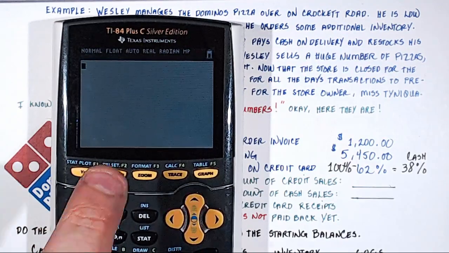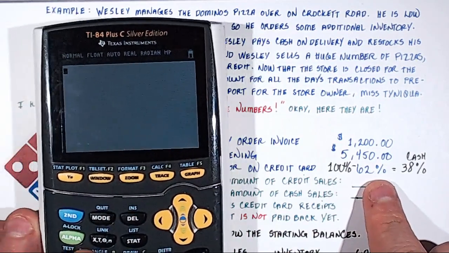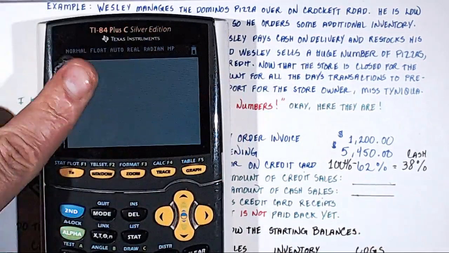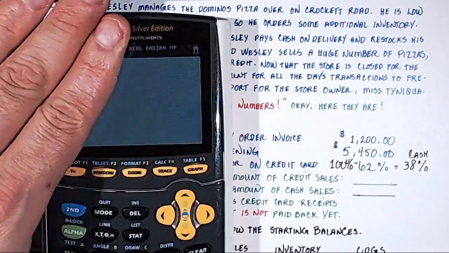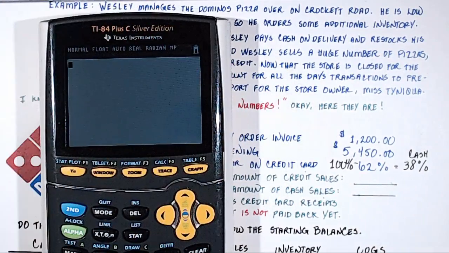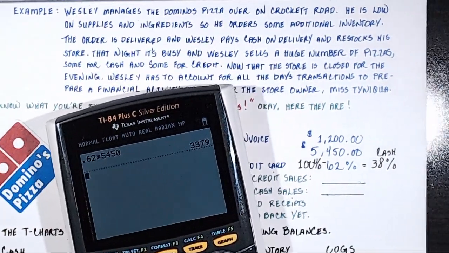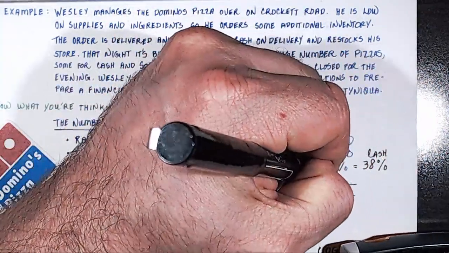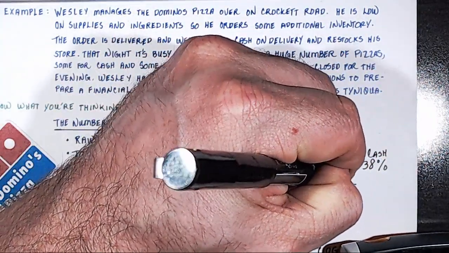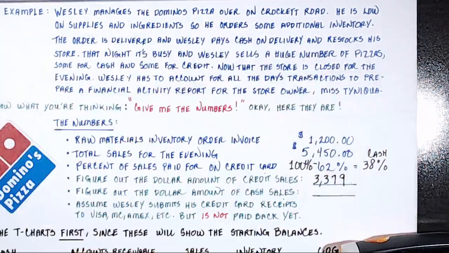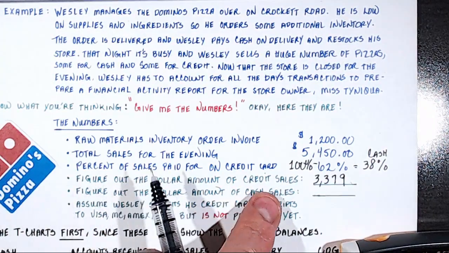Okay, so I just need to multiply, because credit sales were 62%, I need to multiply 62 as a decimal, which would be 0.62, times the total amount of sales, 5,450, and I see that $3,379 were sales made on credit. So write that here, $3,379.